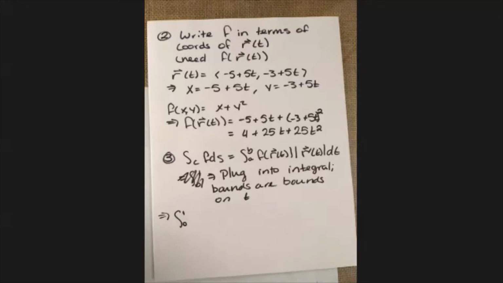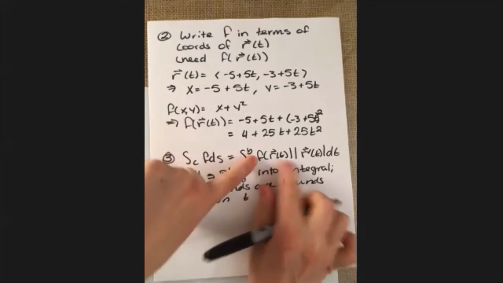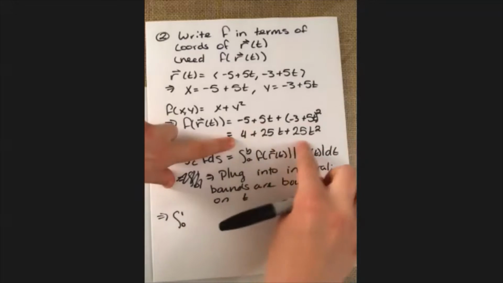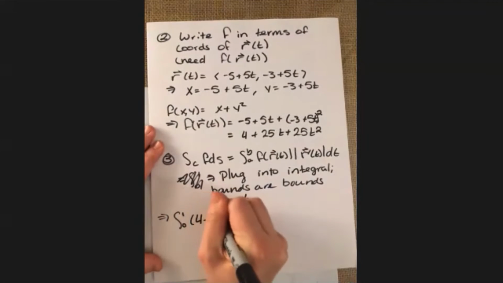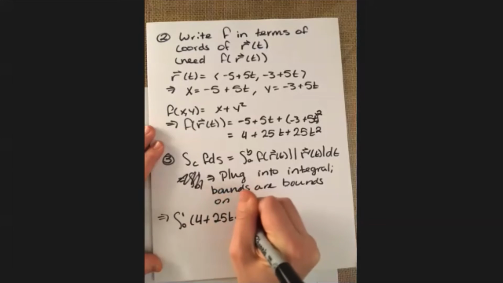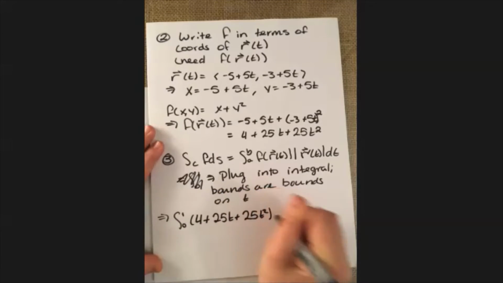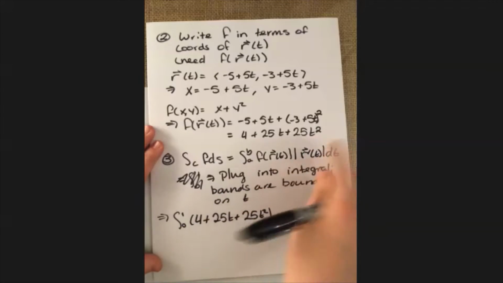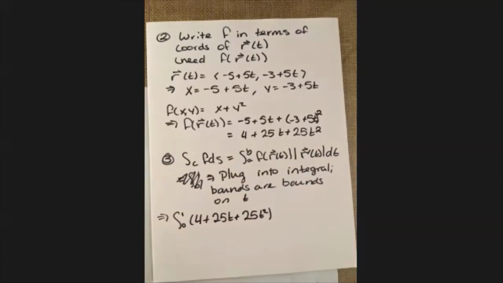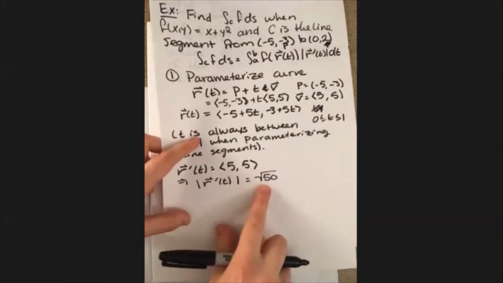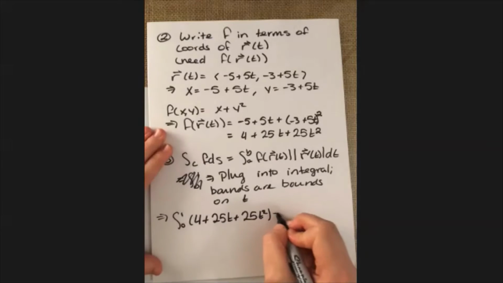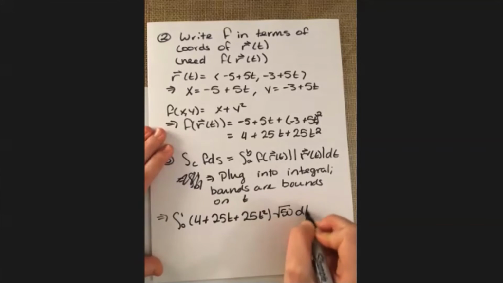Sorry, I had to rewind there for a second. And then we found that f evaluated at r of t is this guy right here. And then this piece right here, that norm, was equal to root 50. And then we have dt.